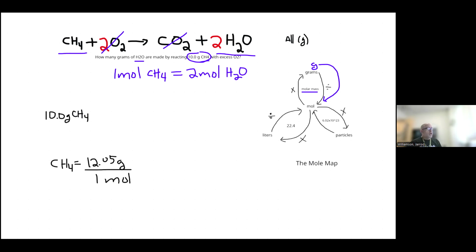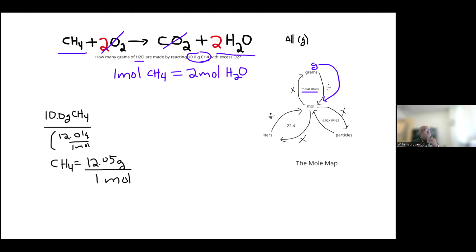So I could divide this by 12.05 grams per 1 mole, and it would absolutely work.